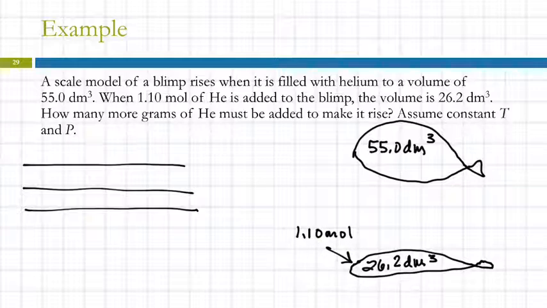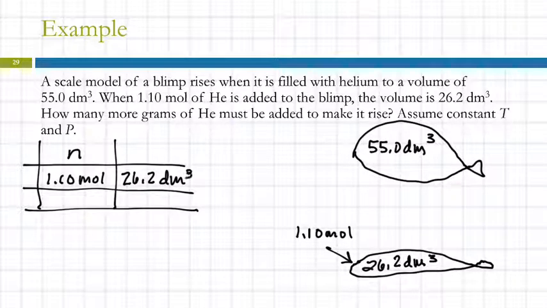These two go together, so I'm gonna do those first. We've got 1.10 moles, and that would be N. That's the amount of gas in the blimp, and 26.2 cubic decimeters. That's the volume. We want to know how much helium we have to add to get to this volume.